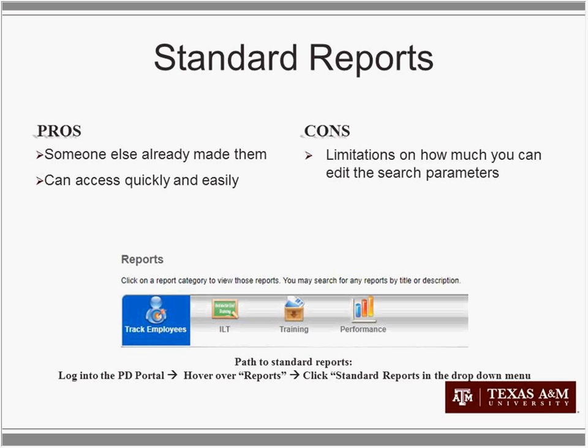Some of them give you a little bit of wiggle room with if you're looking for a specific training or a specific portal user, but you can't change search parameters that much. I've put a path to standard reports at the bottom of this slide within the portal over reports, and then you'll see a drop-down menu where you can click on standard reports.